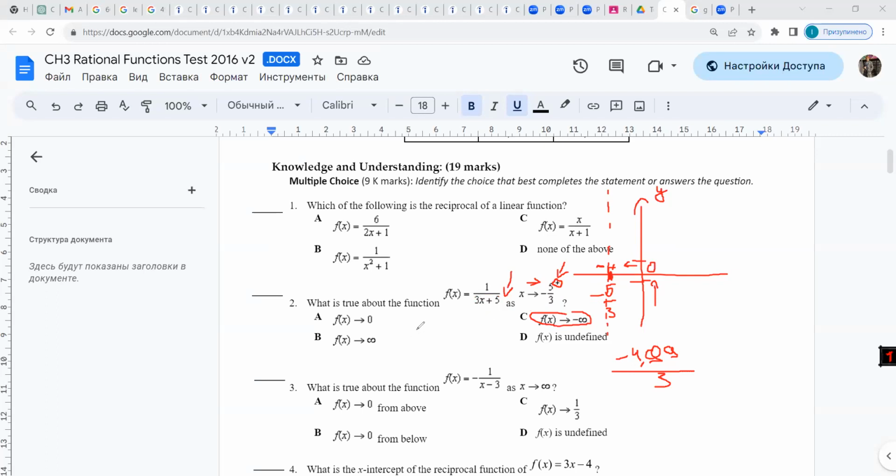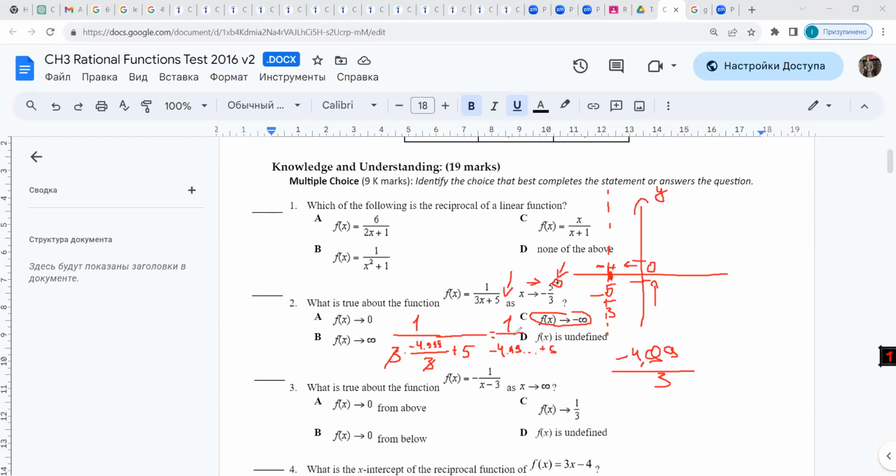You're going to get 1 divided by 3 times negative 4.999 something divided by 3 plus 5. The 3 and 3 are simplified, which gives you 1 divided by negative 4.99 in period plus 5. You can see that plus 5 is going to give us a positive result of this addition, right?